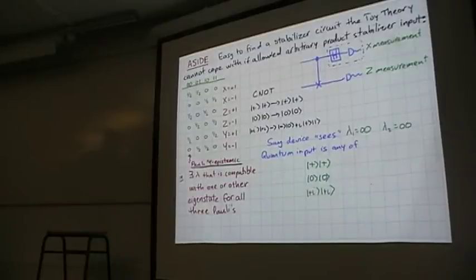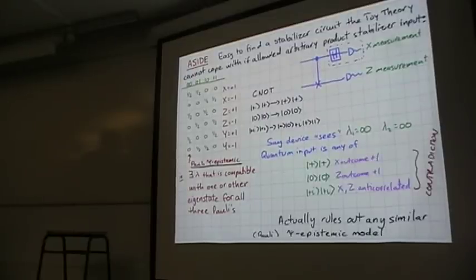Then it looks at this thing here and it goes, the input could be any of these combinations of plus, zeros and so on. And the problem is that it's not sure what the quantum state input is.